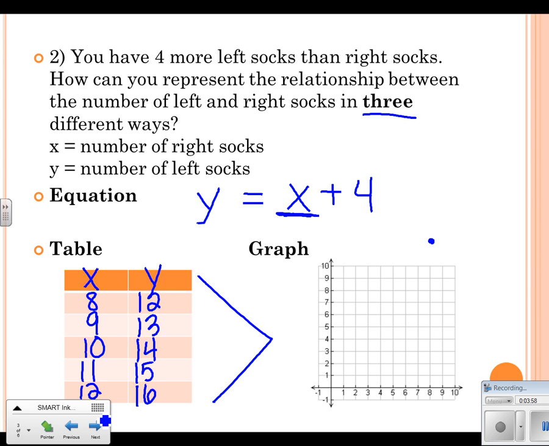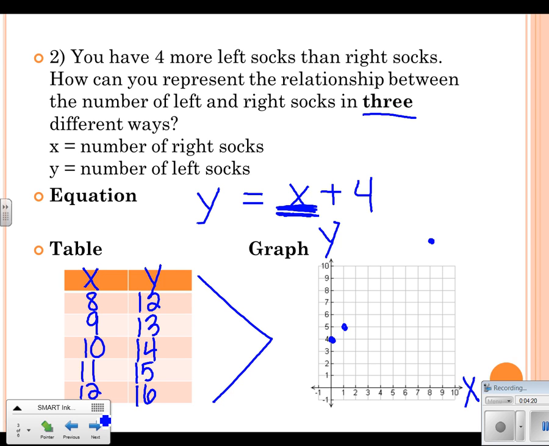So let's say x is 0. So if this is my x coordinate and this is my y coordinate, if x is 0, if I put x into that equation and replace it here with 0, 0 plus 4 is 4. Put in 1 for x. 1 plus 4 is going to give me y equals 5.